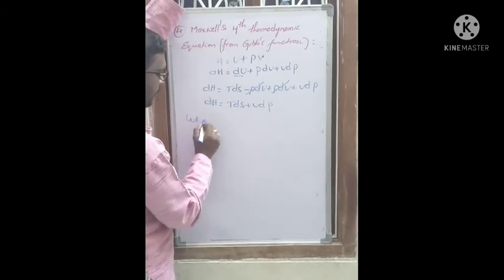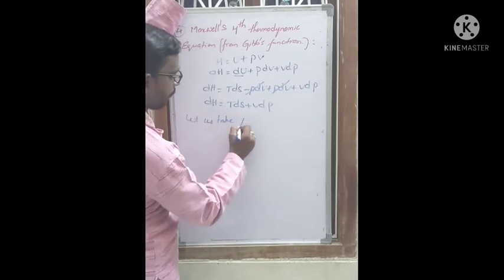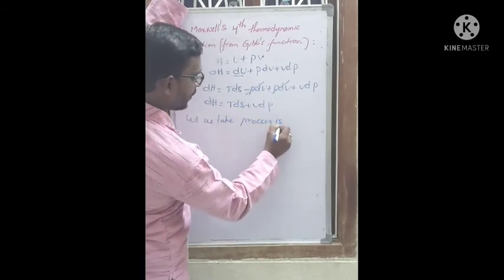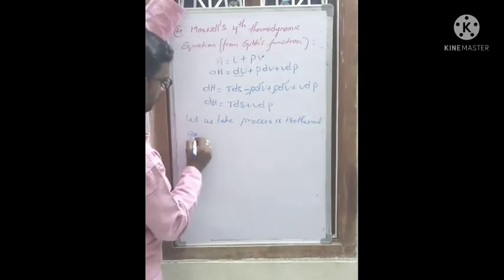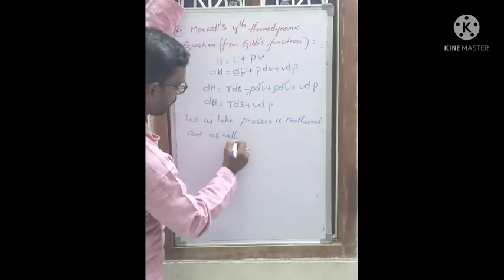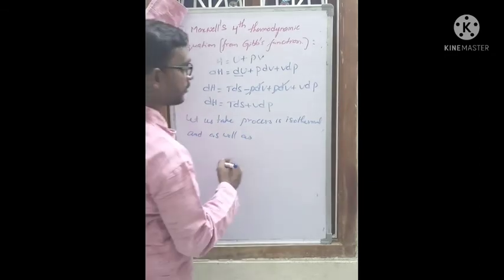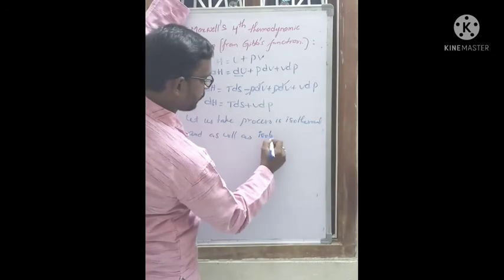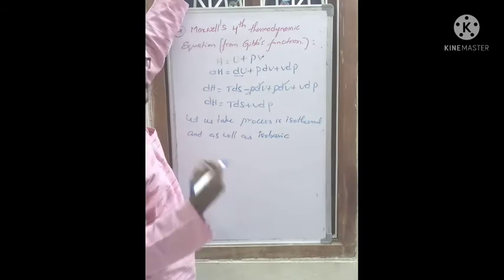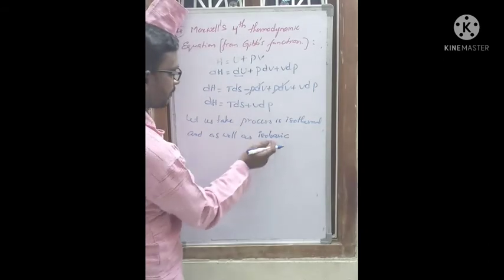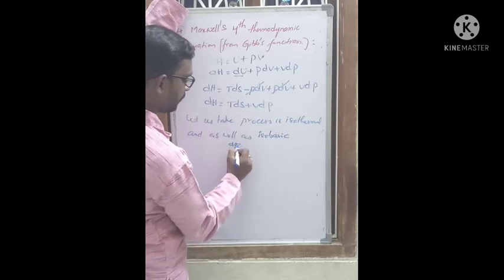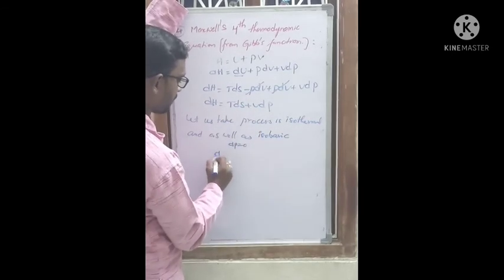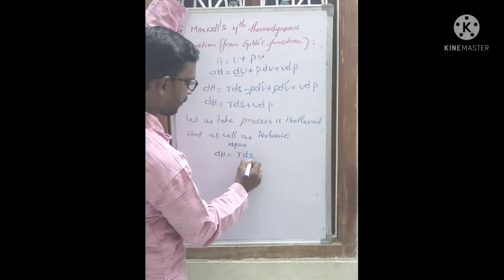Let us assume the process is isothermal as well as isobaric. Isobaric means the change in pressure is zero. So with these two conditions, dP equals 0 and dH is equal to TdS.